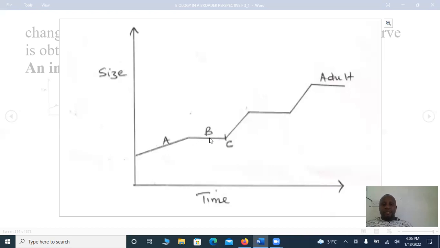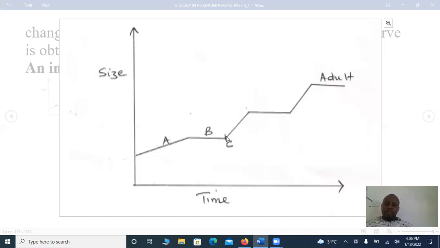So at point C, the organism has to shed off its exoskeleton, a process called ecdysis. Ecdysis makes the hard exoskeleton be shed off, and this allows room for the organism to expand again.